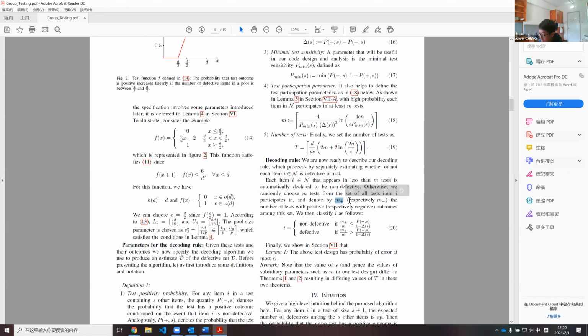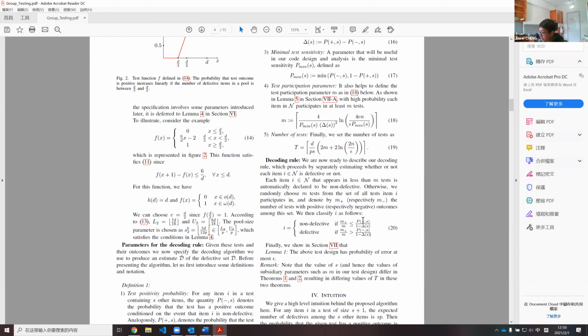Then if m plus over m is smaller than this value, it will be identified as non-defective, while when it is larger than this value, it will be identified as defective.